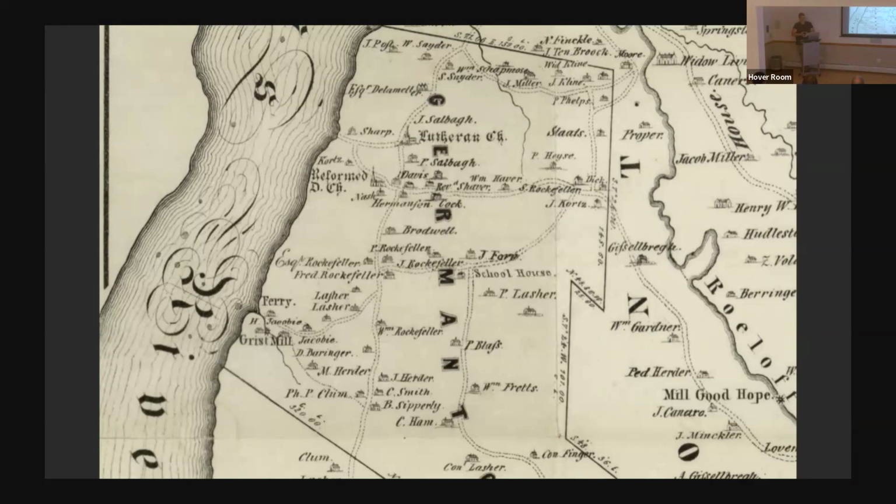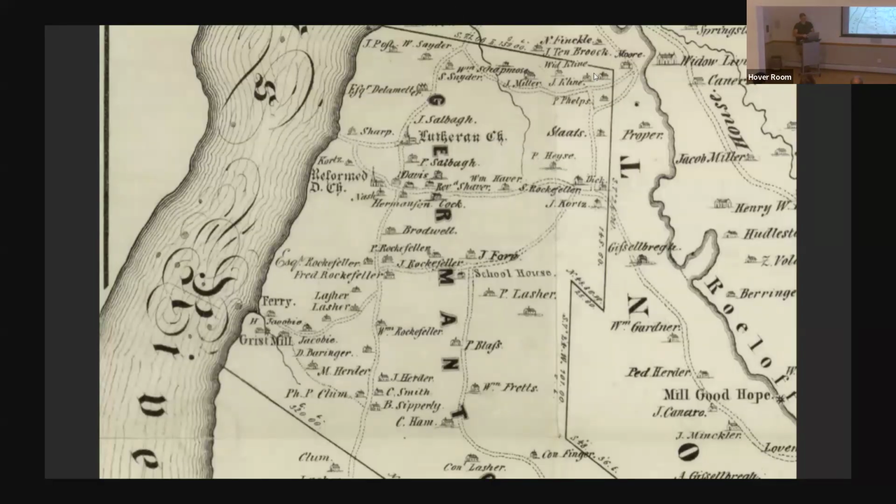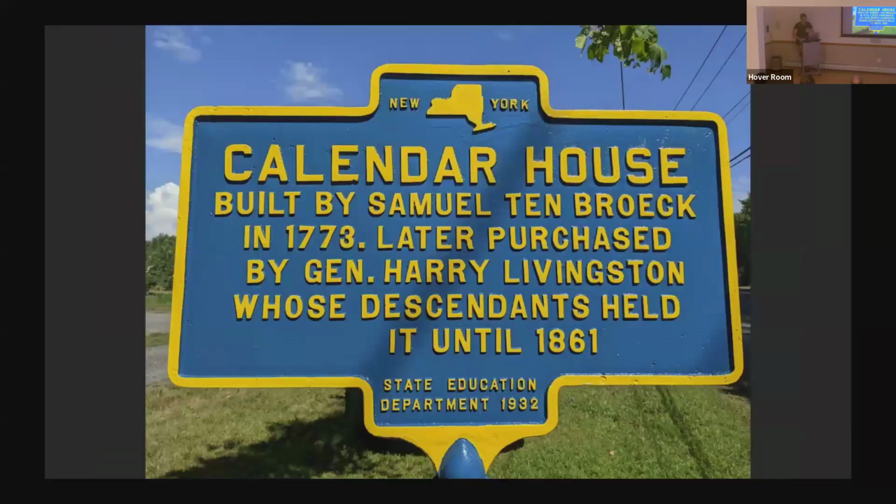Various Hagedorns owned that land. There's no actual Hagedorns given on the map, but the most likely place where that would have been would be there at the Dales Bridge Road and Eastern Parkway.